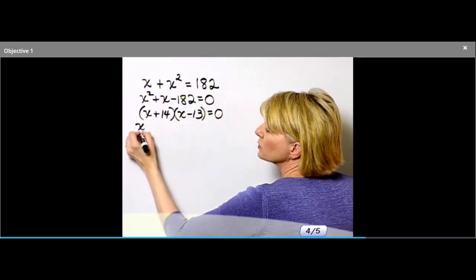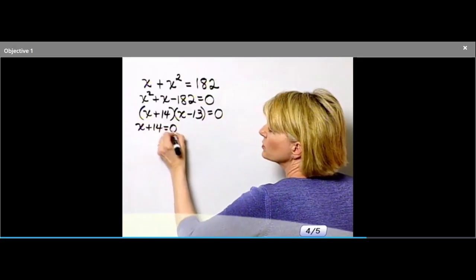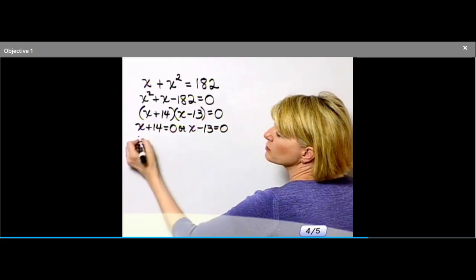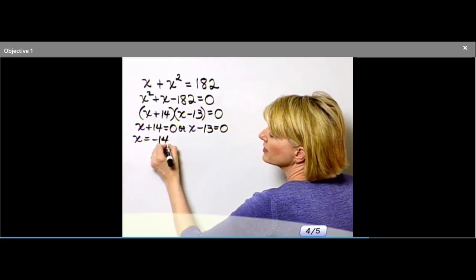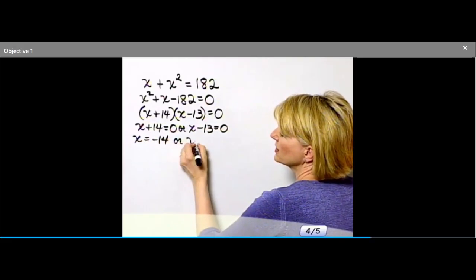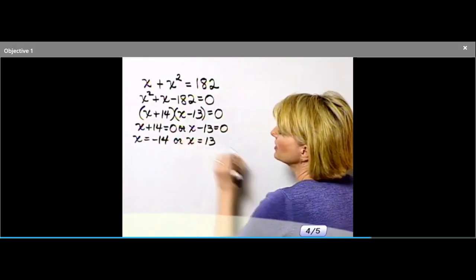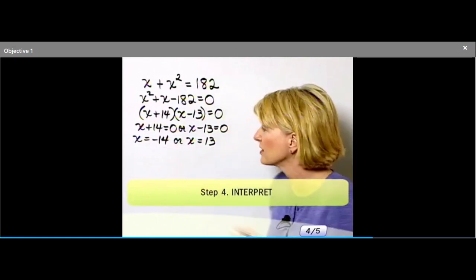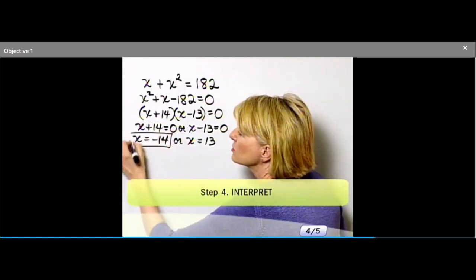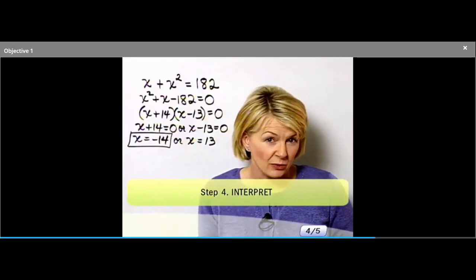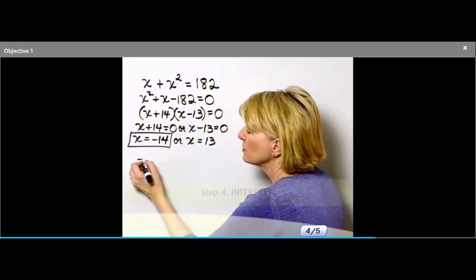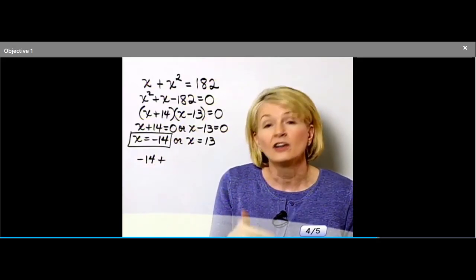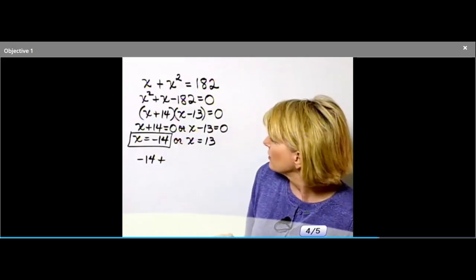Once we factor, we set each factor equal to 0 and solve. Here I'll subtract 14 from both sides and we have an answer of negative 14, and here we add 13 to both sides, so it looks like we have two possible solutions. Now, if this is my unknown number, how do we check it? Is the sum of this unknown number and its square, what is the square of negative 14?